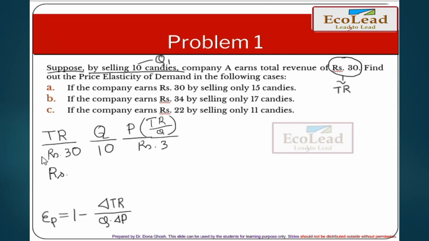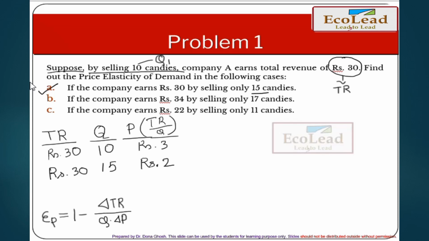Now, there is no change in the total revenue if we consider the first case. So, here the company earned rupees 30 of total revenue by selling how many candies? 15 candies. So we write Q equal to 15. The price of each candy is then 30 by 15, which is equal to 2.